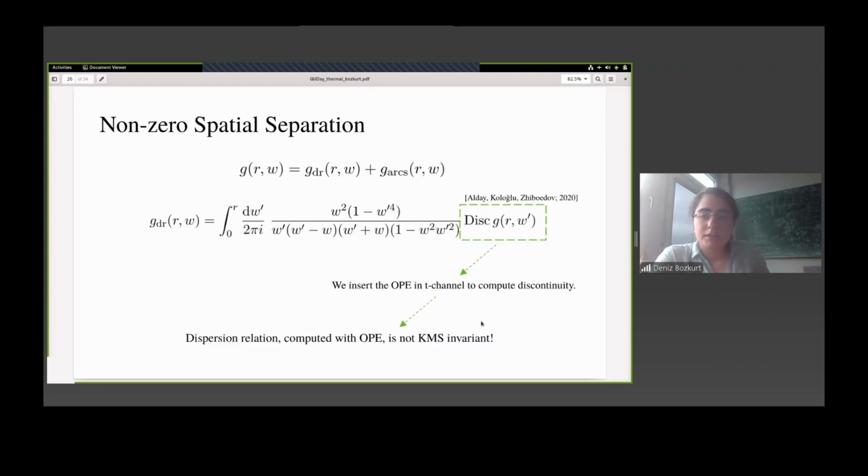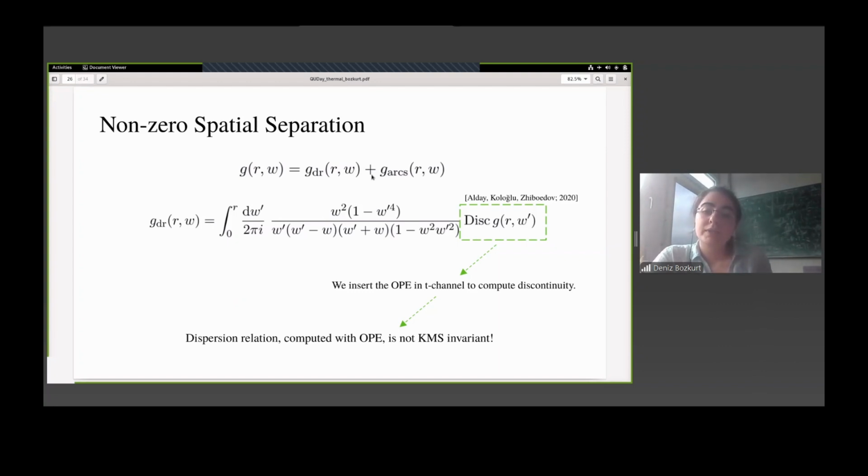And here you can see the explicit form of the kernel, such that the dispersion relation is given by the poles and the cuts around this horizontal axis. And then, of course, again, we have the arc contributions that we should take into account.